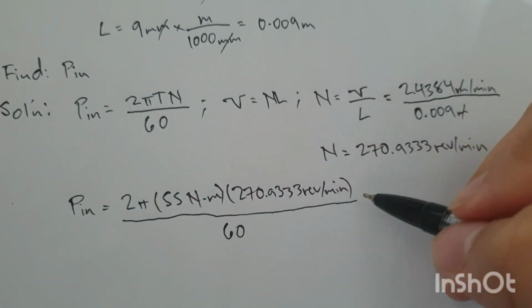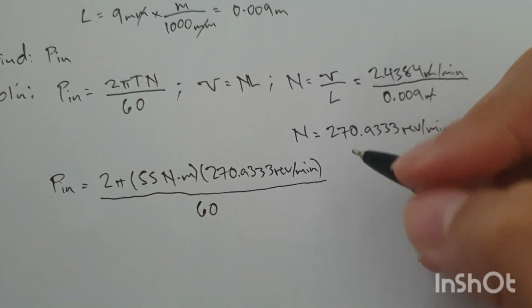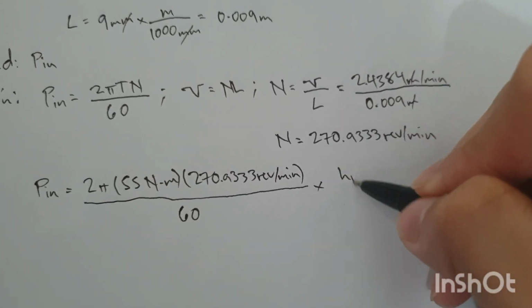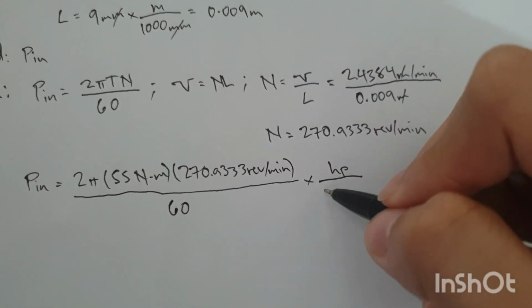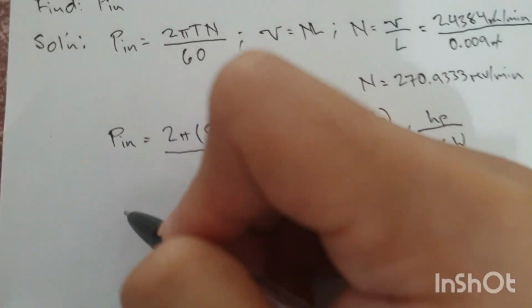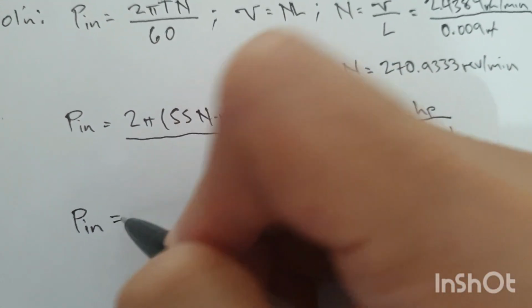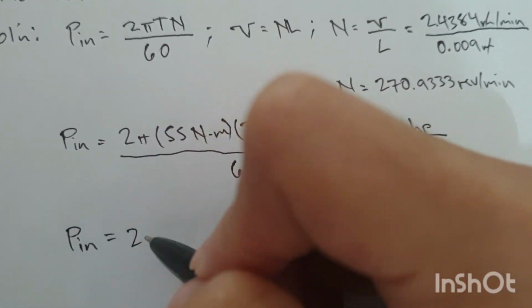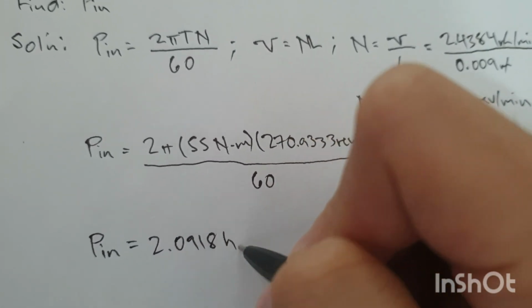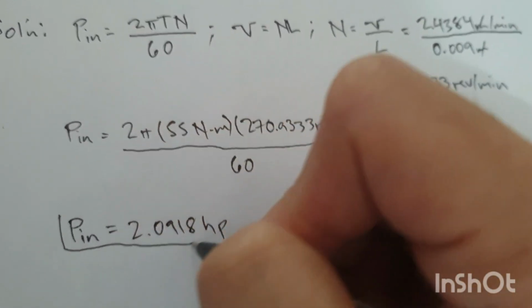So this is in watts, but we need it in horsepower, so we should multiply it by horsepower divided by 746 watts. So now we should be able to get P, power input, which is equivalent to 2.0918 horsepower, and that is the final answer.